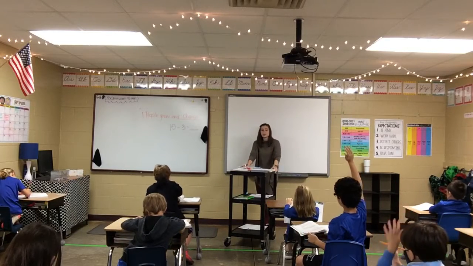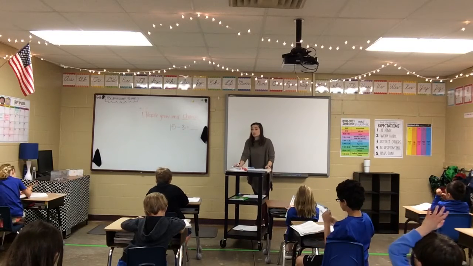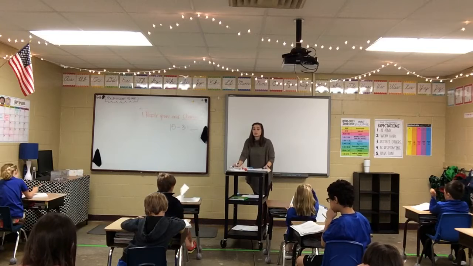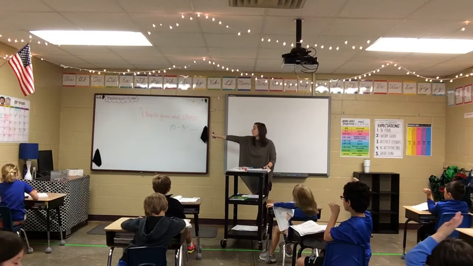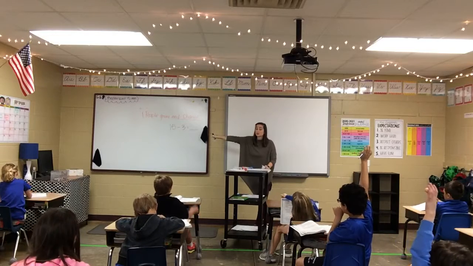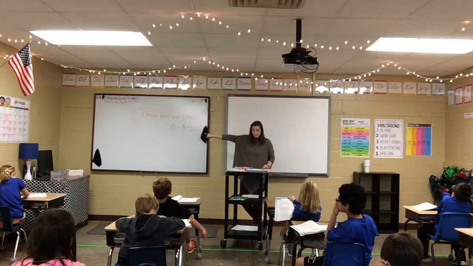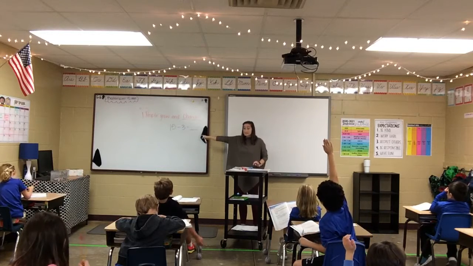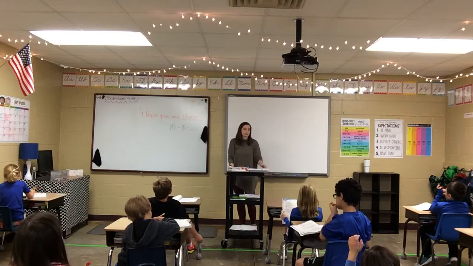We could count up. What number are we going to start with? With subtraction, which one do you put in your head? 3, and we're going to count up to what? 15. All right, so you figure it out one of those 2 ways.